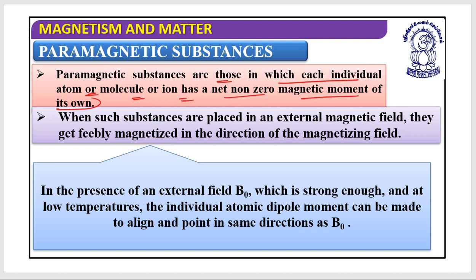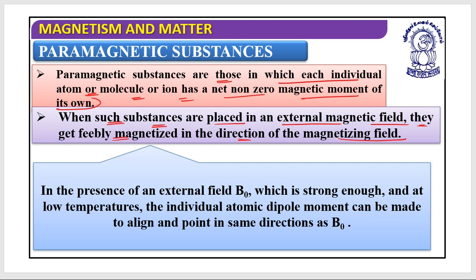So when such substances are placed in an external magnetic field, they will get feebly magnetized in the direction of the magnetizing field. Look, this is the difference between the diamagnetic substance and the paramagnetic substance.